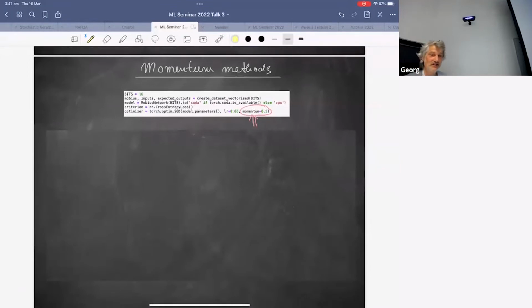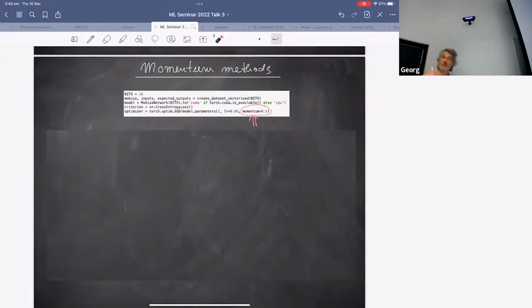Change of topic, change of gear. A different aspect of optimization. This is just a screenshot from one of Joel's lovely notebooks. And this is the optimization routine, SGD, stochastic gradient descent. And there's something called momentum.